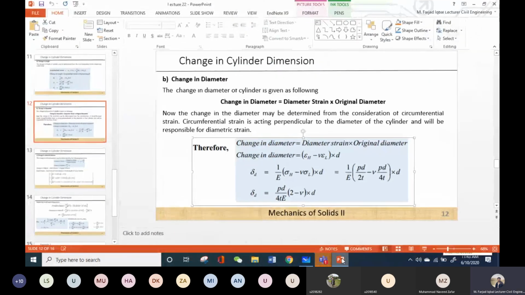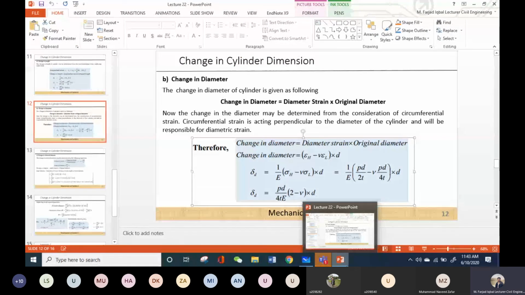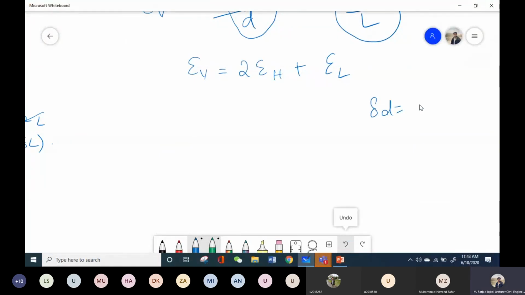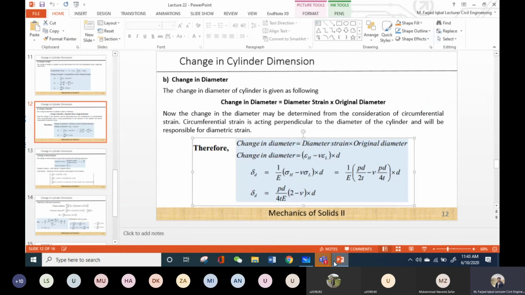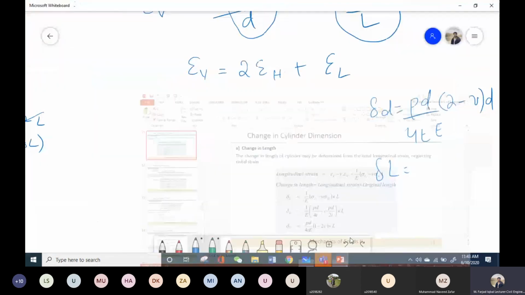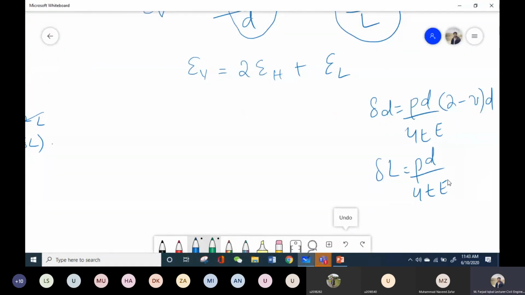We have derived delta D is equal to PD over 4TE into 2 minus nu into D, and delta L is equal to PD over 4TE into 1 minus 2 nu into L, right?